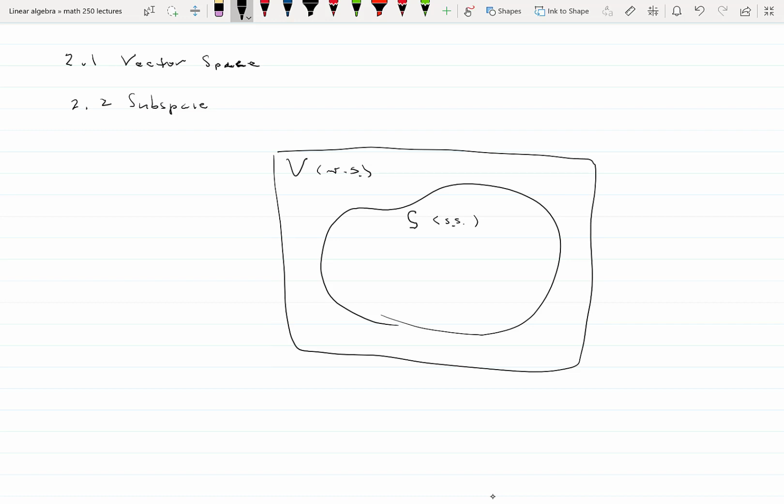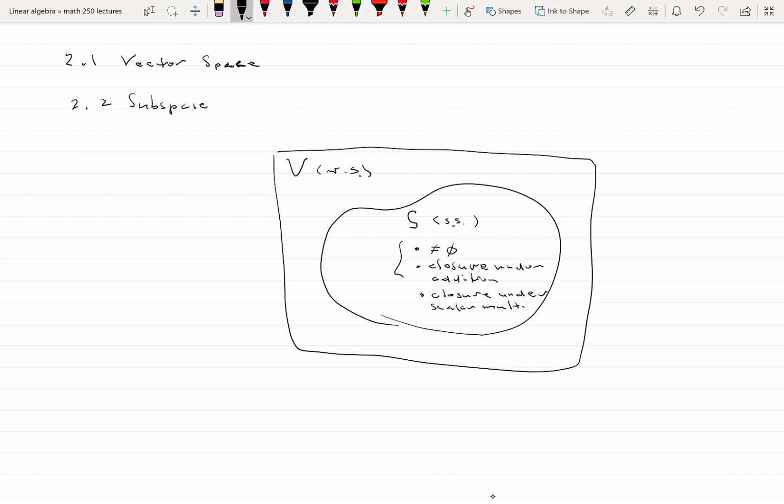We determined that we need three things to happen for this subset to be a vector space. We need this set to be non-empty, and we need closure properties to hold true: closure under addition, and closure under scalar multiplication.